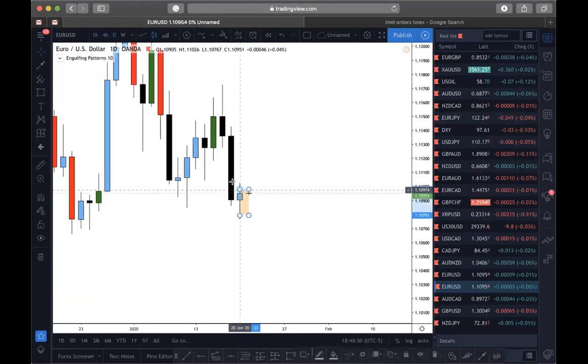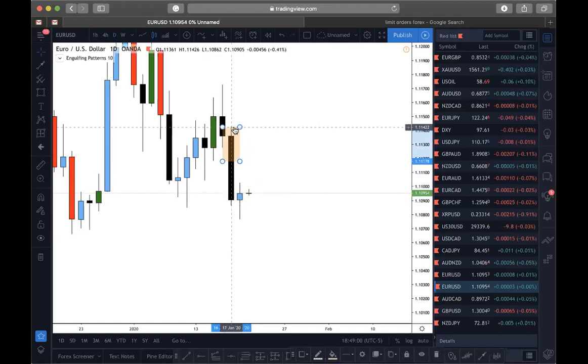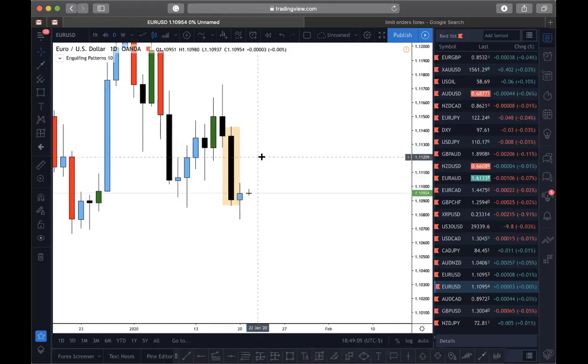On the daily chart, each candle represents 1 day of movement. So in one day, the price moved from the top here to the bottom, and if we were to break this daily candle down, we highlight it, there would be 24 1 hour candles in the daily candle, because there are 24 hours in one day.